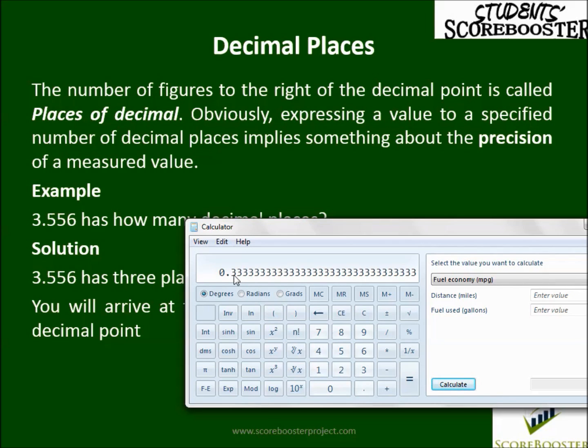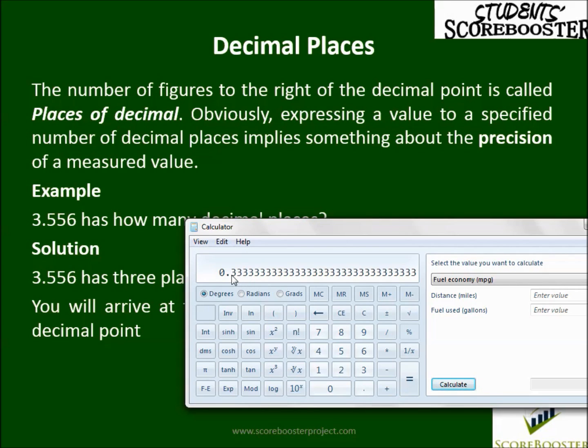If you express it to two decimal places, you have 0.33. I'll explain it later. You know that 0.33 is not the real number, it's not the decimal number you are considering. By so doing, you've introduced some errors into your calculation.